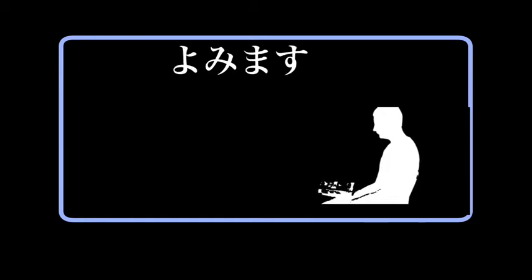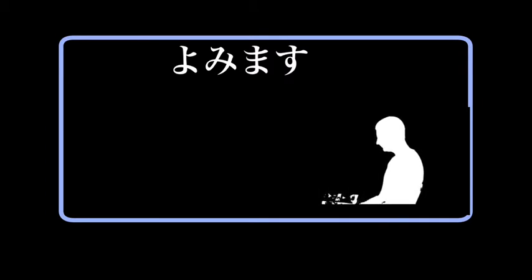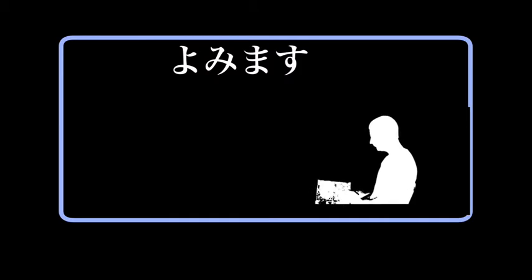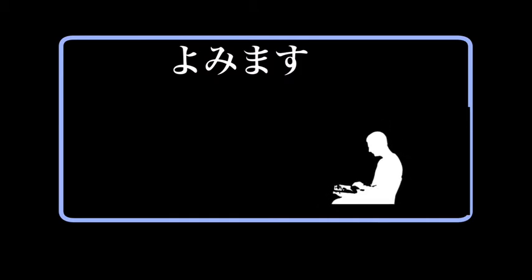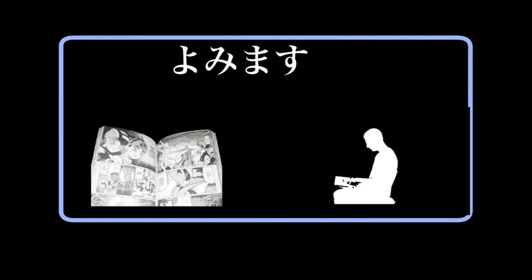The next verb we'll look at, the Japanese for the verb to read. Yomimasu. Japanese people love reading, and bookshops are a very popular place where Japanese students hang out, read novels, read comics, and maybe buy them at the end of their time.